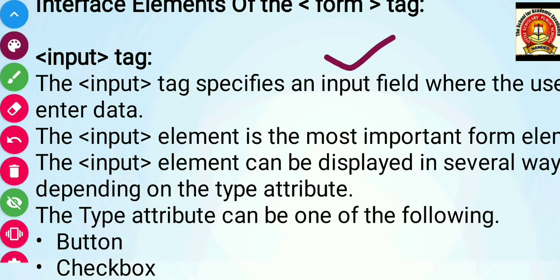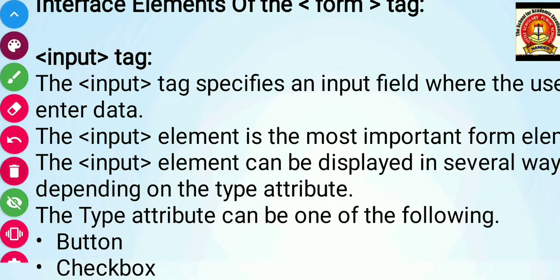For example, input contains different kinds of types, like button, checkboxes, radio buttons, text, file, submit, meaning the different data the user can enter through this input tag type.